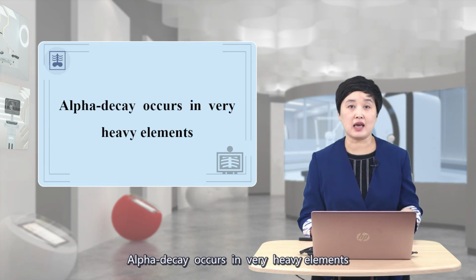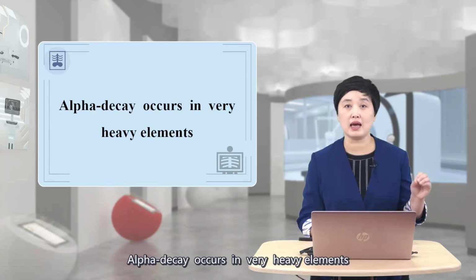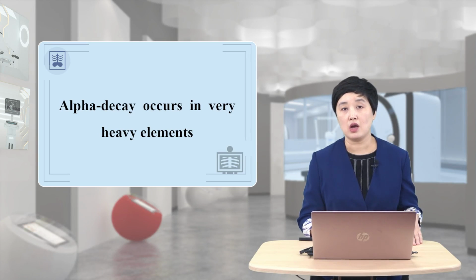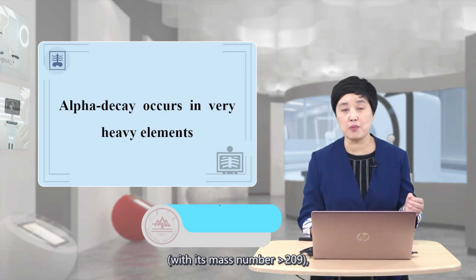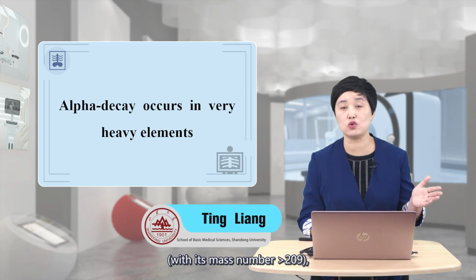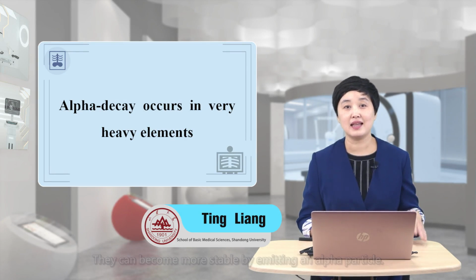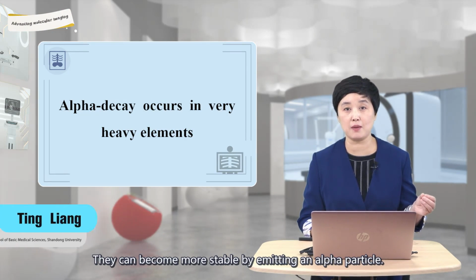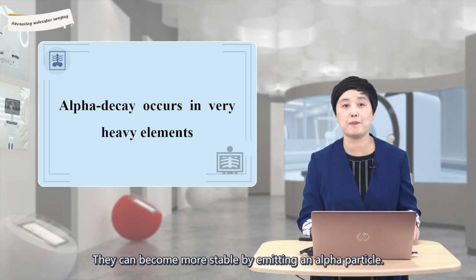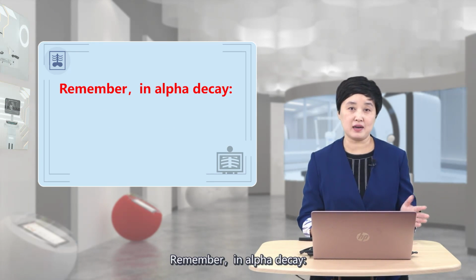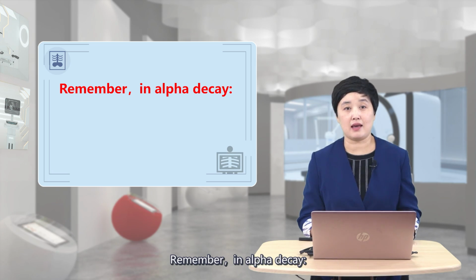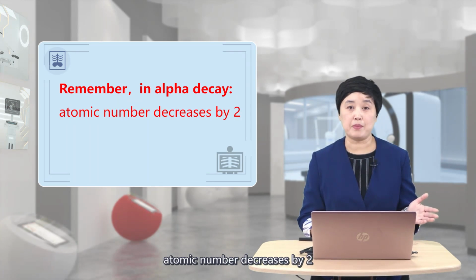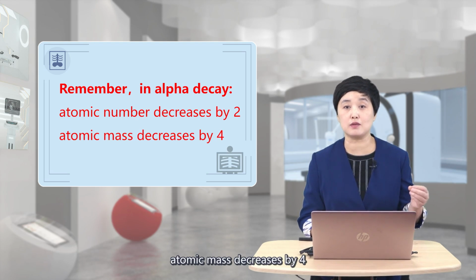So, alpha decay occurs in very heavy elements, usually with a mass number bigger than 209. They can become more stable by emitting an alpha particle. So remember that in alpha decay, atomic number decreases by 2, atomic mass decreases by 4.